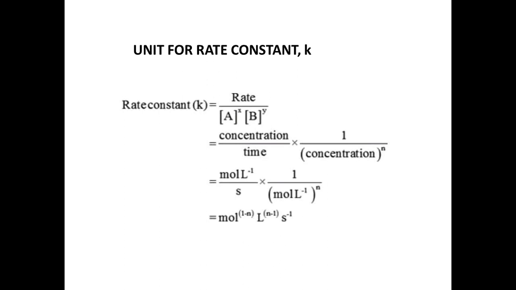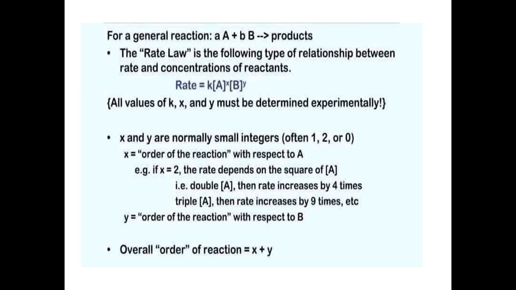Let's see how we derive the unit of the rate constant as we defined here. If you want the unit of this K, you have to make K the subject of this equation.